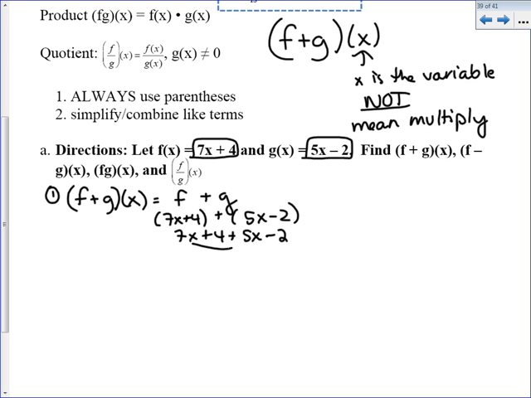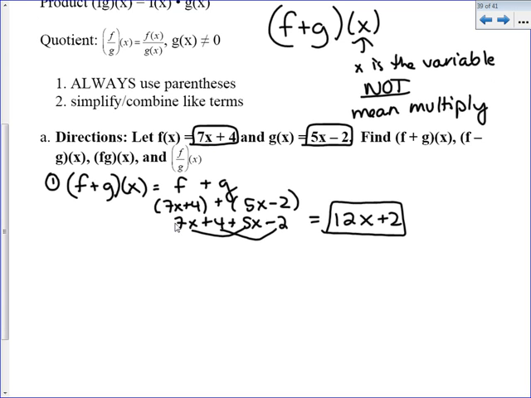So I can combine the 7x and the 4 and the negative 2. So I just get 12x plus 2. So it's just an addition problem of the two functions. You just had to set it up first. Combine your like terms.